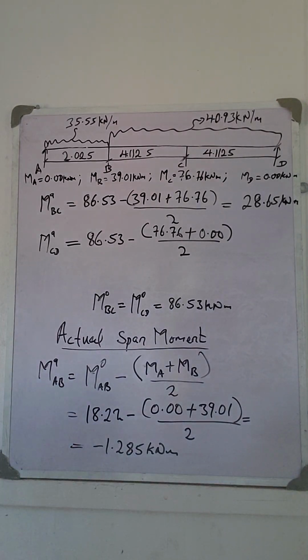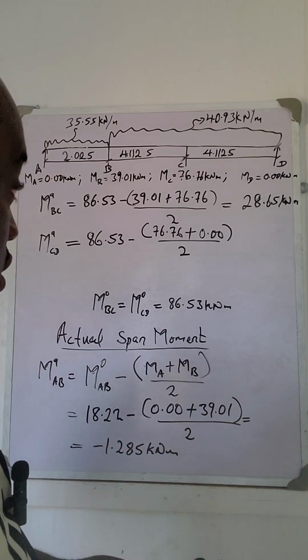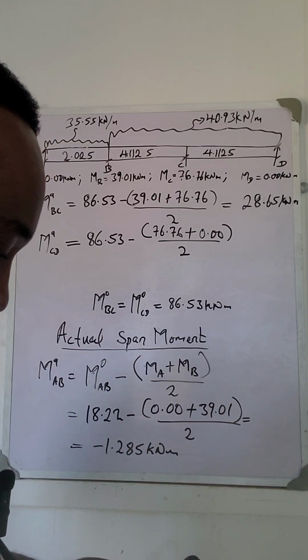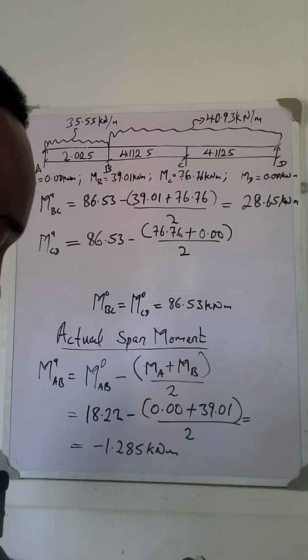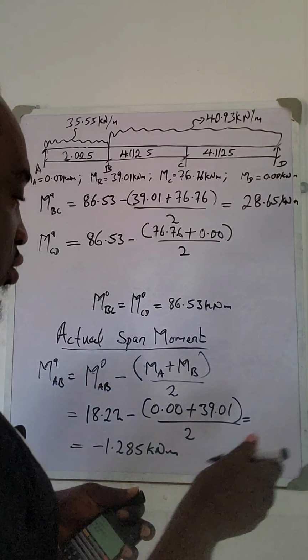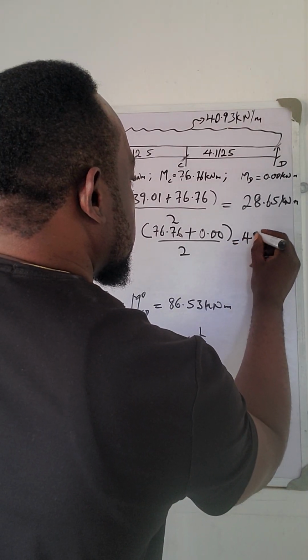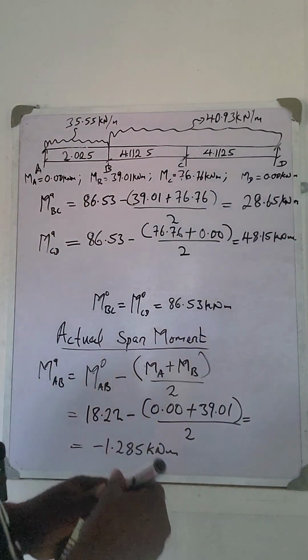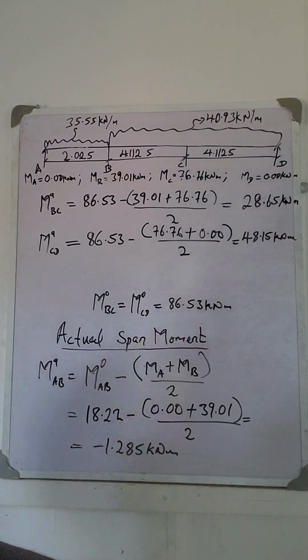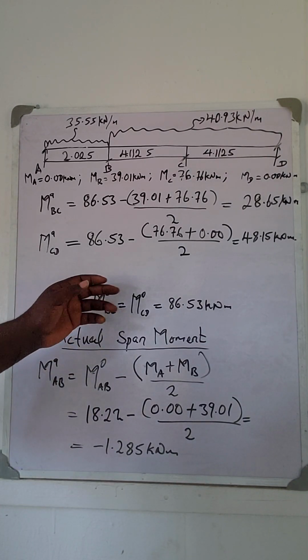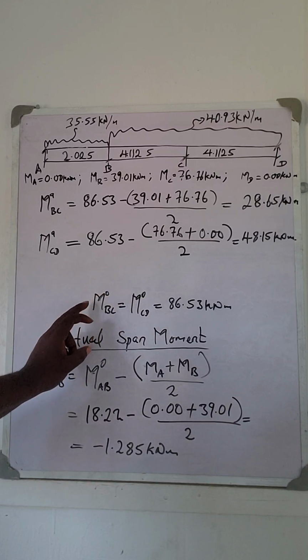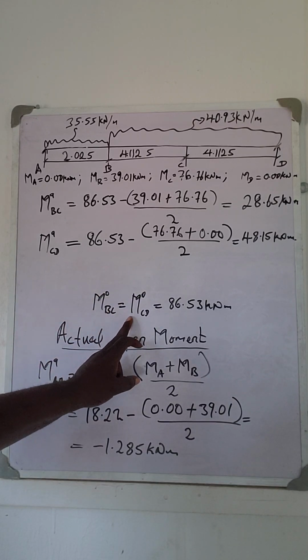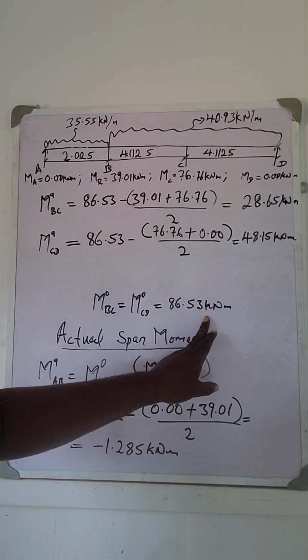Okay. Now when you solve for this, we have 76.76 divided by 2 minus 86.53. We now have 48.15 kilonewton meters. So you can see that when you solved for the free span moment, MBC was equal to MCD, equal to 86.53.